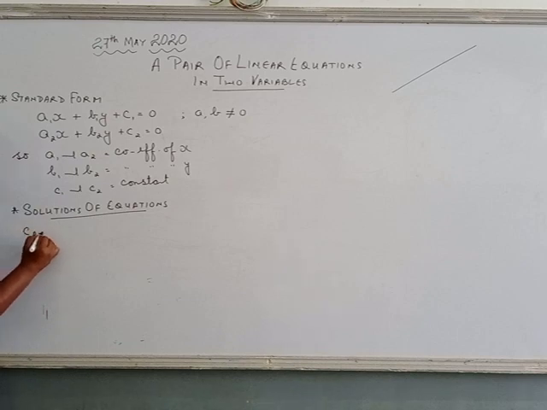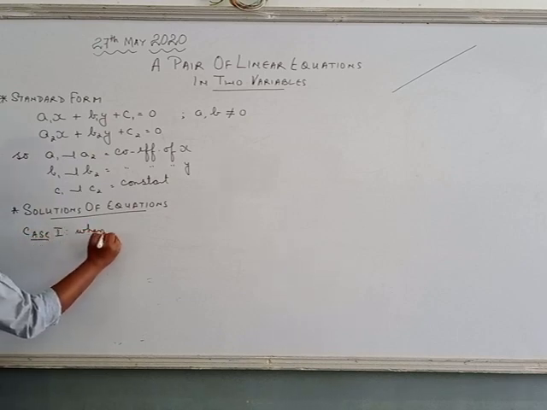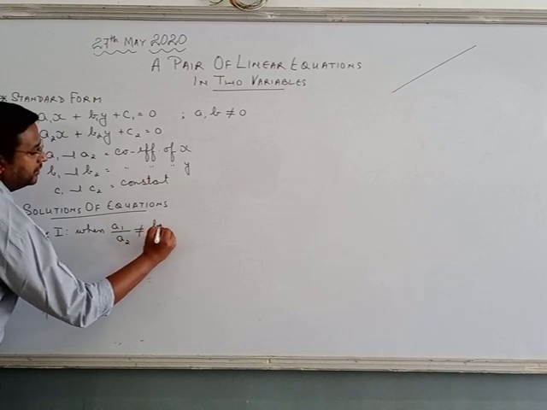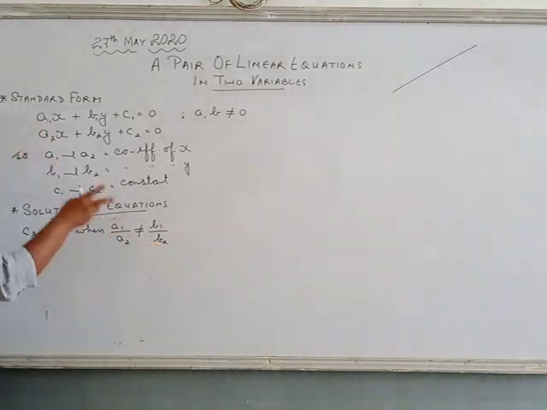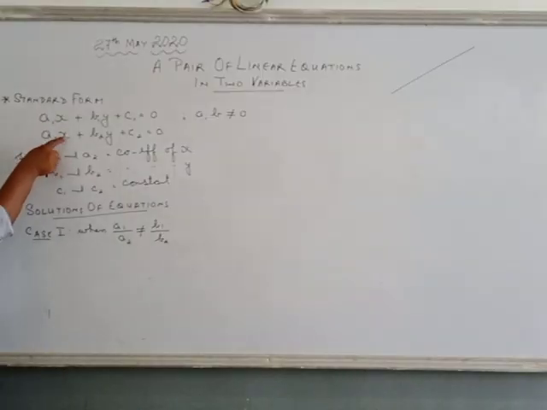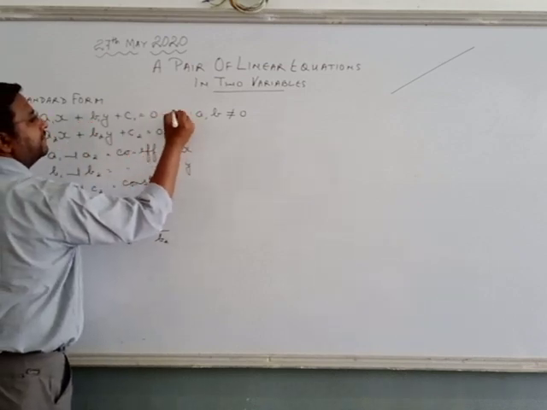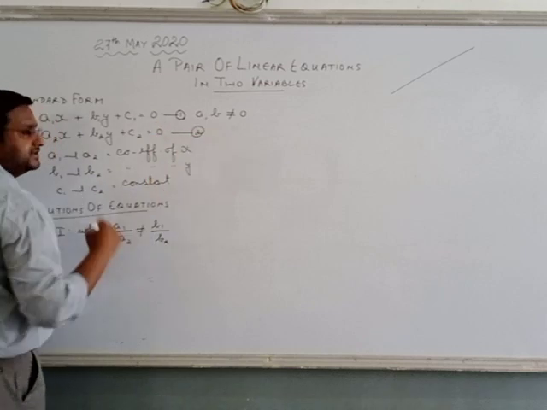Case first, when a1 upon a2 is not equal to b1 upon b2. Here a1 a2 are the coefficients of x, b1 b2 are coefficients of y. This we can say is equation number first and equation number second.